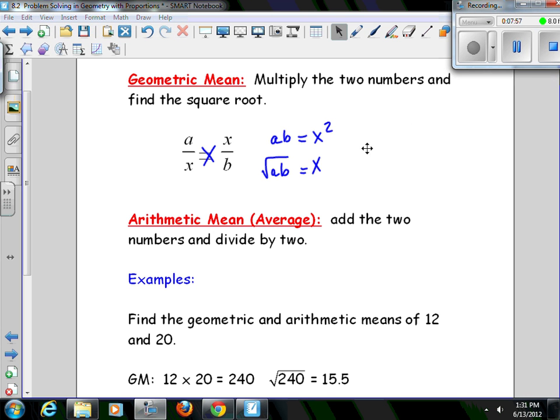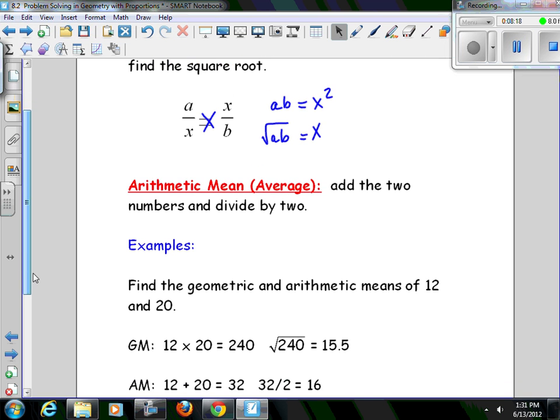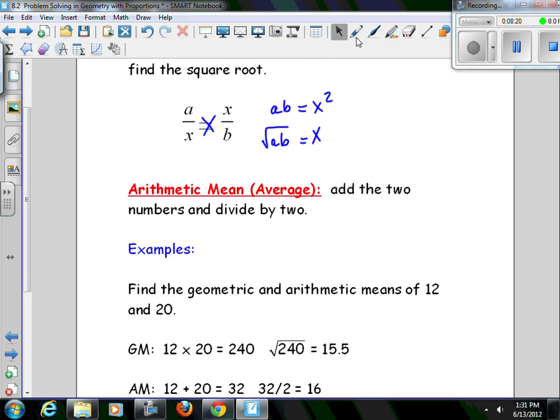One thing I really want to point out: when you take the geometric mean, your answer is always the positive version. I know when you take a square root, you can end up with a positive or negative answer, but a geometric mean is the positive number. So whenever you're asked to find the geometric mean, you're looking for a positive number.